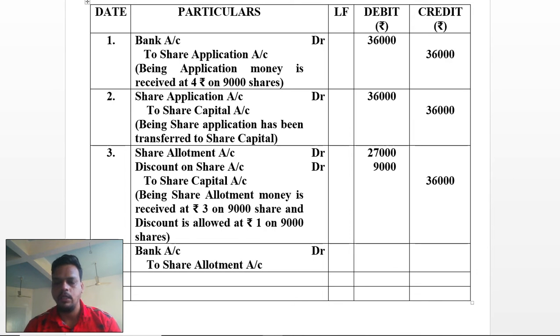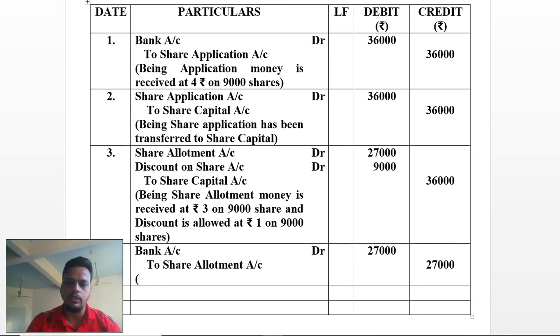Amount will not be 36,000, it will be 27,000 which will be received by you as an organization. So 27,000 rupees has been received over here.